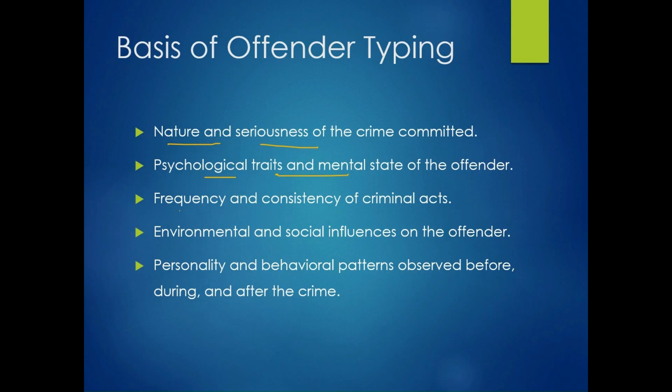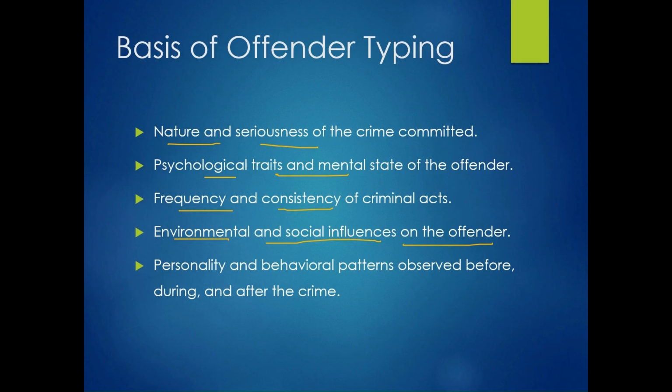Thirdly, we have frequency and consistency of criminal acts. Here the psychologist would be looking at the pattern or frequency, whether it's a one-time act or whether this act is repeated over time. Fourth, we have environmental and social influences on the offender. This means what influences resulted in that crime being committed by this particular person. Was it poverty? Was it peer pressure?